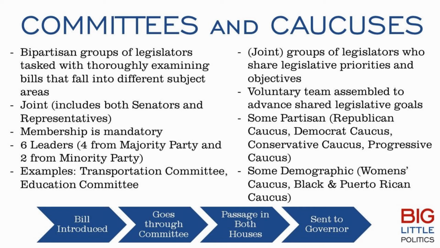These demographic ones are made up of both Republicans and Democrats who come together to try to advance legislation that will benefit these groups, whereas the partisan ones will be more to advance party goals, because the different parties will have different agendas, and even within the parties you see the more conservative and the more progressive will have other agendas themselves. Caucuses allow them to form these groups, meet, talk, and plan, and try to advance these agendas and get what they want done.